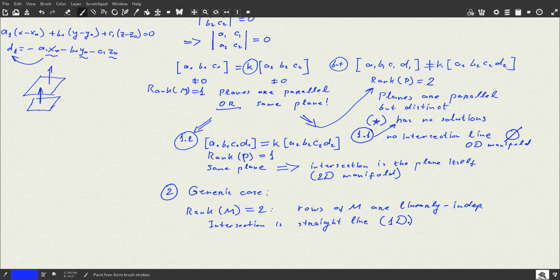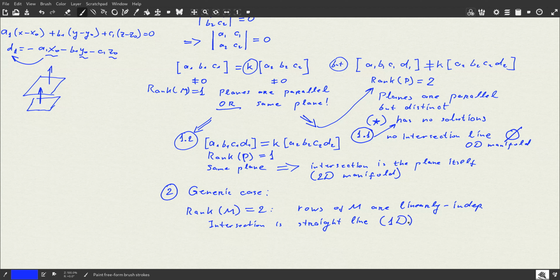But perhaps there is an easier way than just finding out which minor is non-degenerate, non-singular, has non-zero determinant, and then solving the system and introducing parameterization. Perhaps there is an easier way of how we can solve this system.